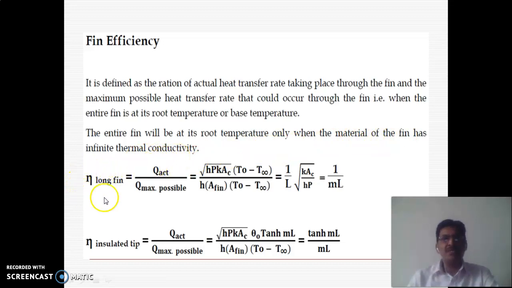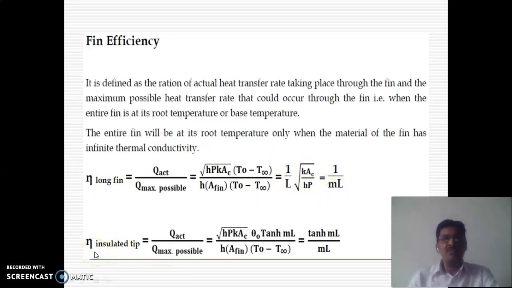So here you can see the efficiency of a long fin, actual heat transfer divided by maximum possible. The actual, you have already derived the equation for the three cases, divided by the maximum possible when your base temperature is equal to the fin temperature, that is hA delta T, you can find out. So for this long fin you will get the equation 1 by mL.